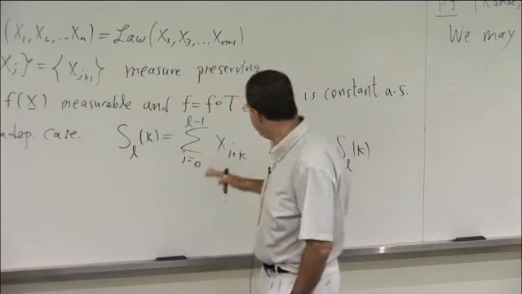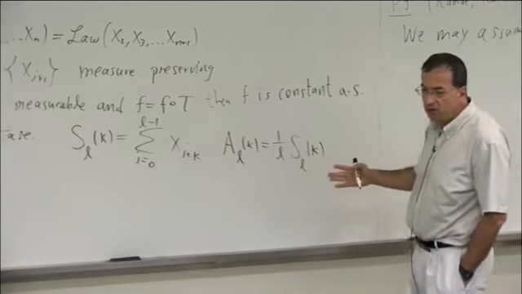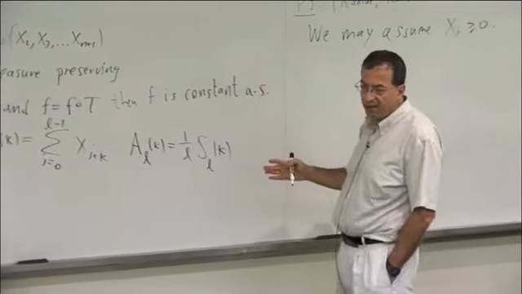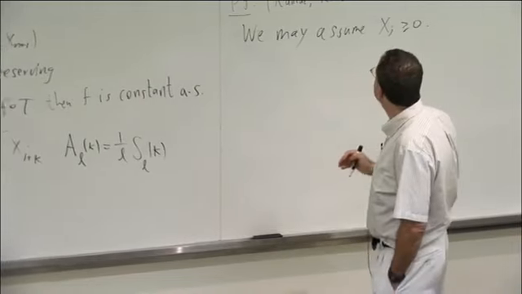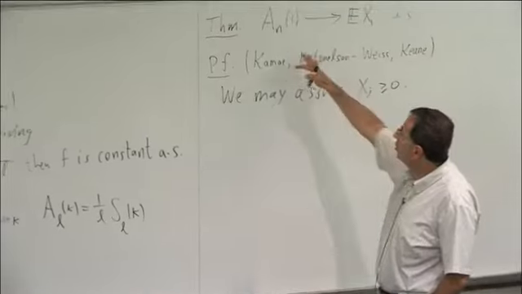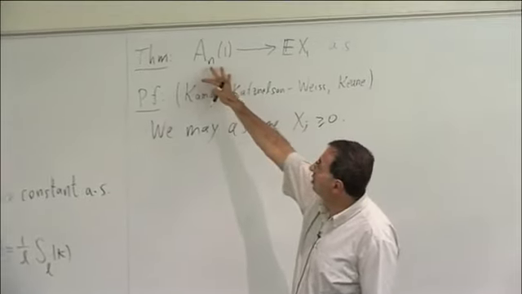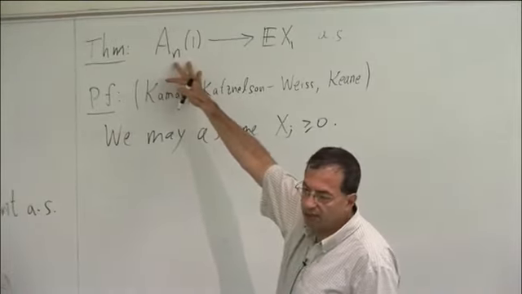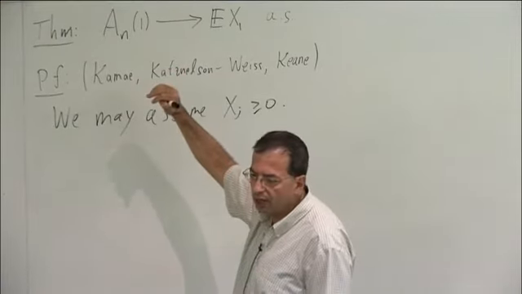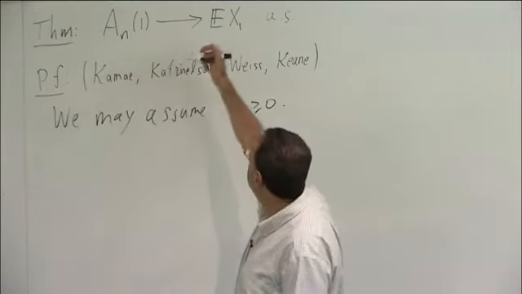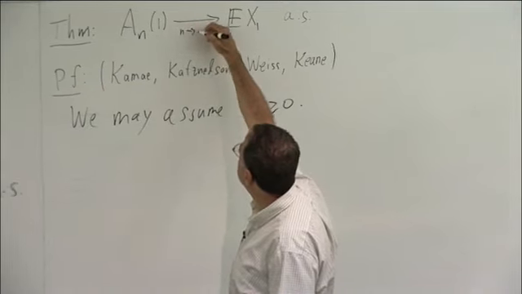So A1 is definitely not A2, but it has the same distribution. And also, it's easy to see that they must have the same limit. So I wrote here A_N1, but it applies to A_Nk for any k. This is a limit, as n tends to infinity.